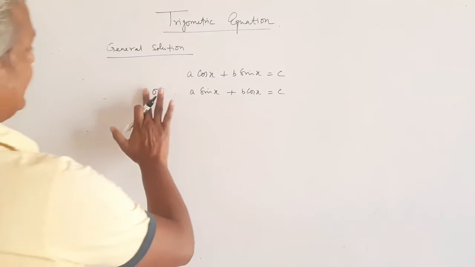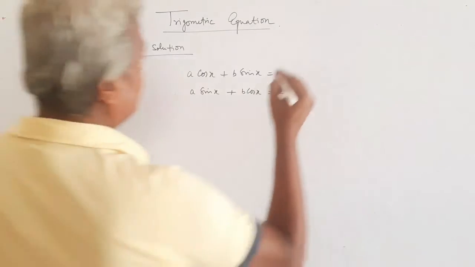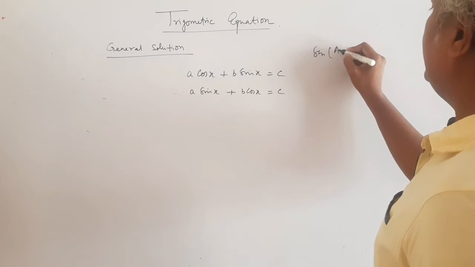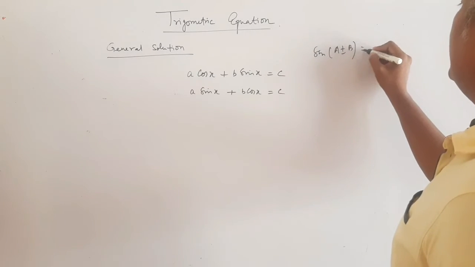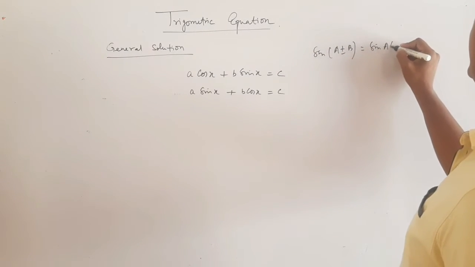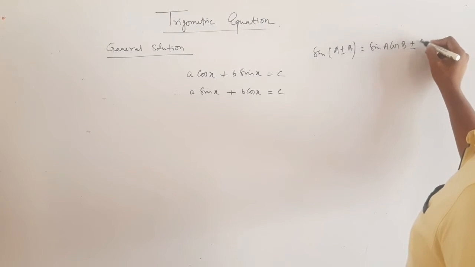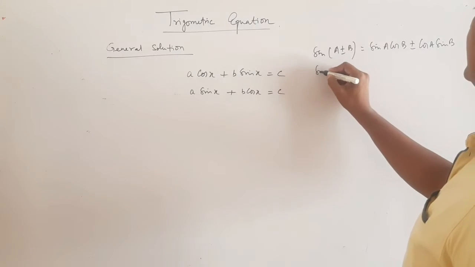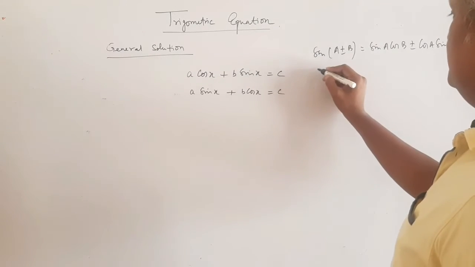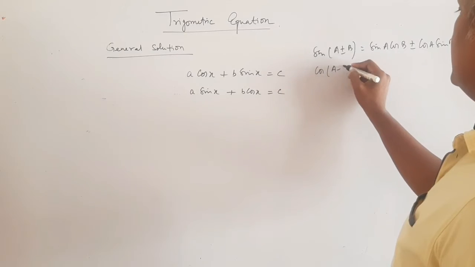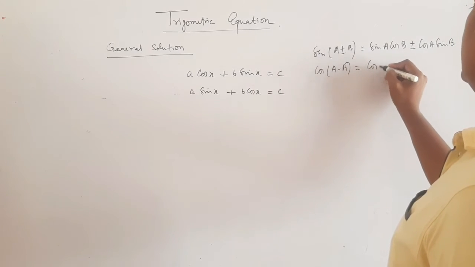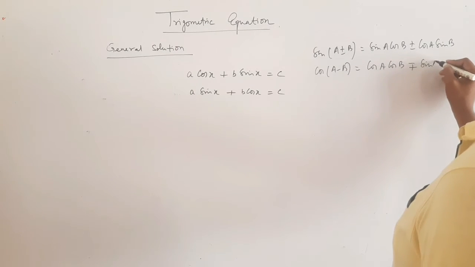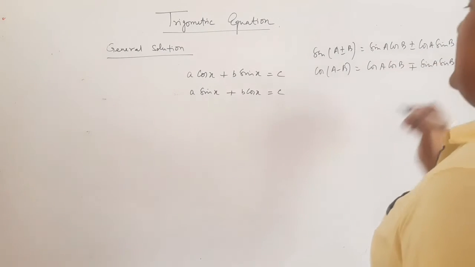So what I'll do is, you know that you have the formula that is sine a plus minus b as sine a cos b plus minus cos a sin b, and cos a minus b as cos a cos b minus plus sin a sin b.